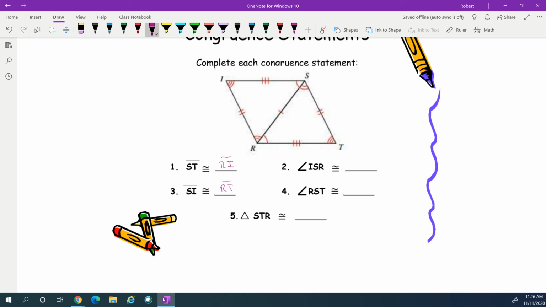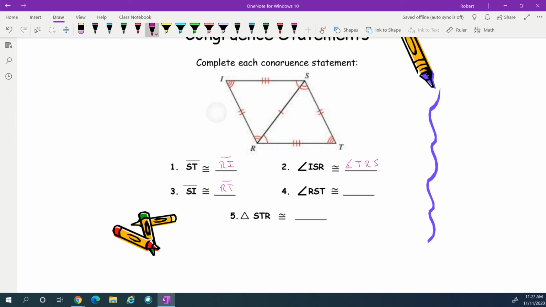ISR, angle ISR, angle to angle. So fill that in right away. You can't compare apples to oranges. You can't compare segments to angles or angles to triangles. So angle ISR. Look at your pattern. 3, 1, 2. And we're going to match that with 3, 1, 2 from the other triangle.